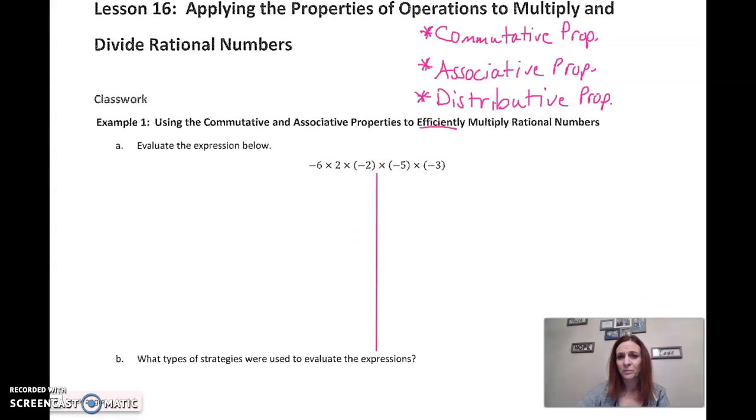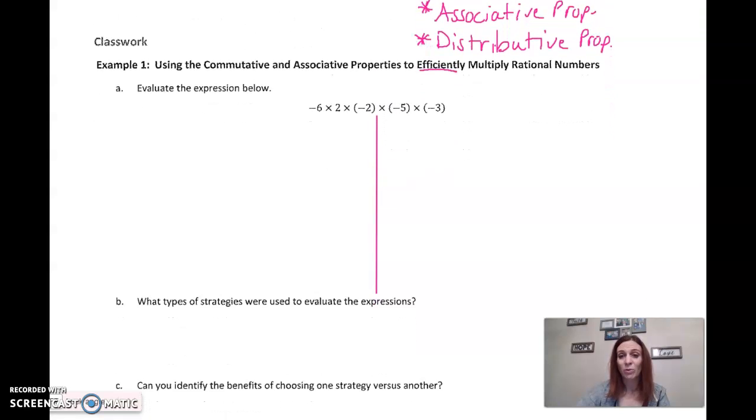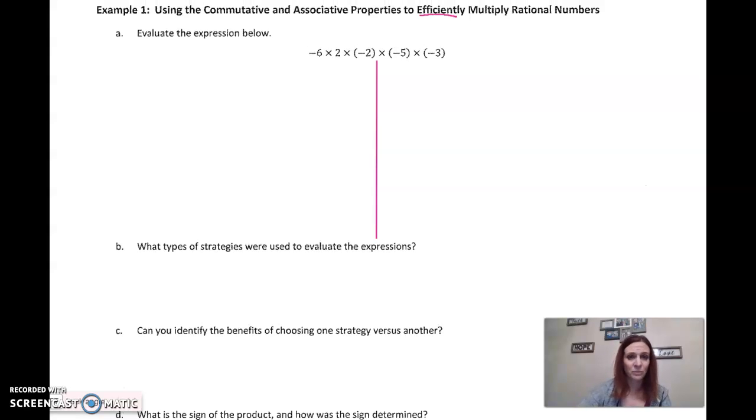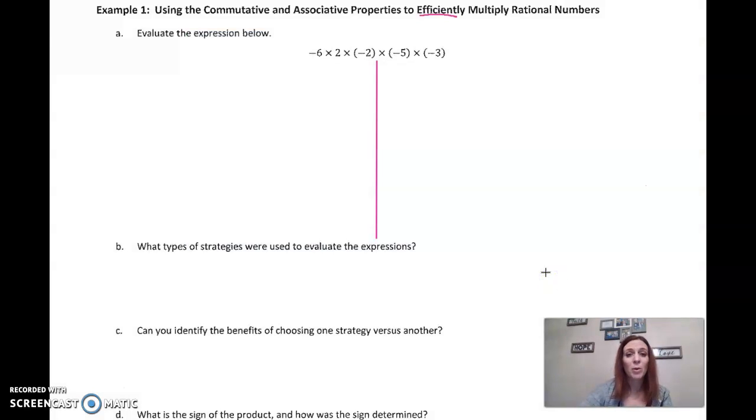First one, we're going to use just the order of operations, okay? Order of operations: parentheses, well, all our parentheses here are just holding that negative sign in, so nothing with that.